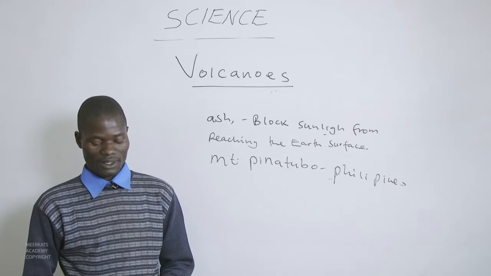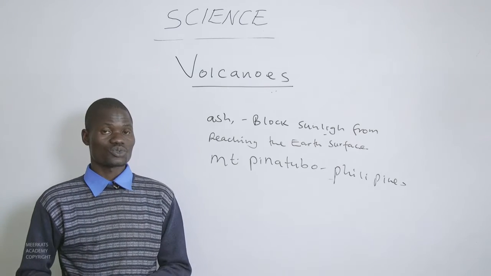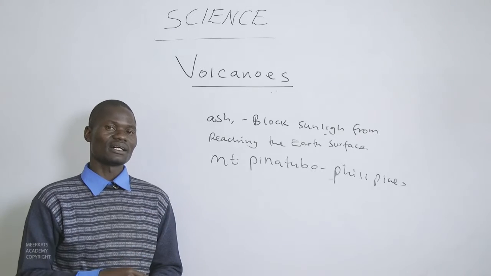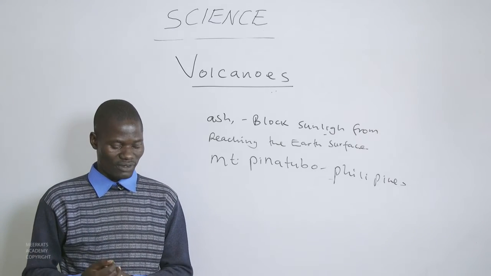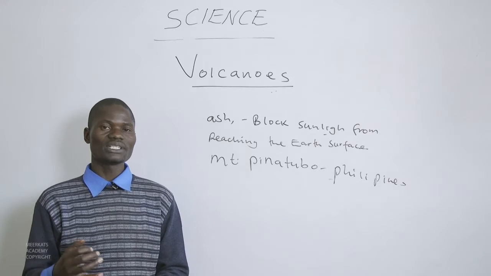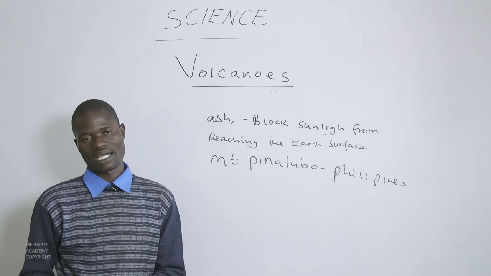And that is some of the effects that we may find. Therefore, we are able to look at the volcanoes in this manner, exploring various aspects of volcanoes, and when they occur, they bring some devastating effects on Earth.